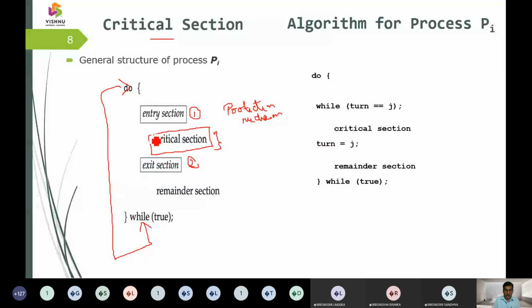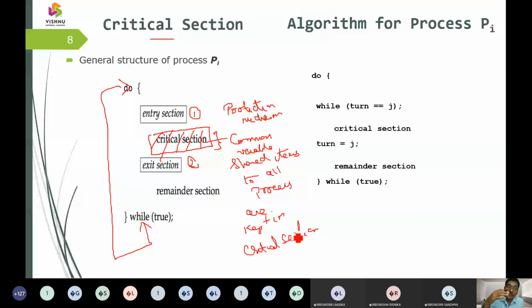All the common variables, all the shared items to all processes are kept in the critical section. That is what we are going to assume for this chapter.